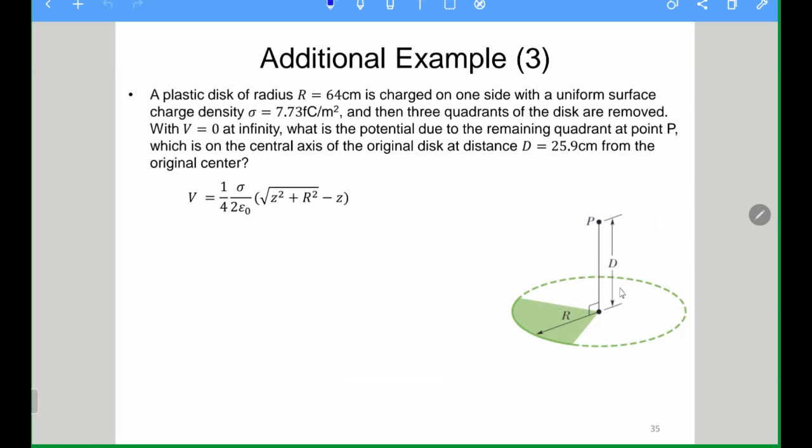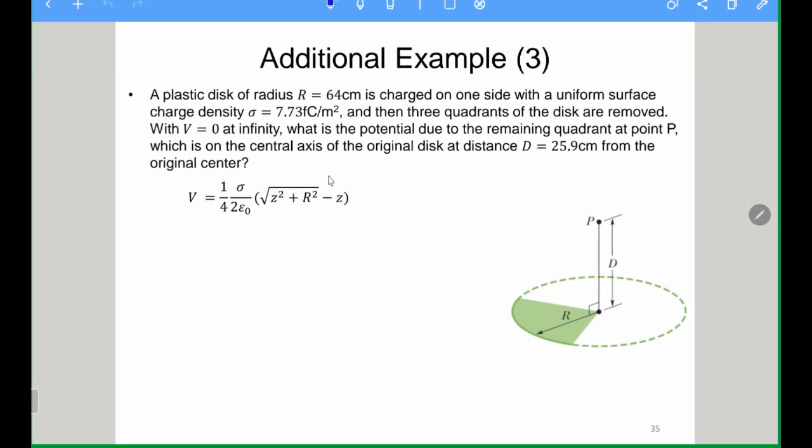So these parts are removed, only this quadrant remains. With V equals 0 at infinity, what is the potential due to the remaining quadrant at the point P, which is on the central axis of the original disk at distance D? This is the distance from the original center.